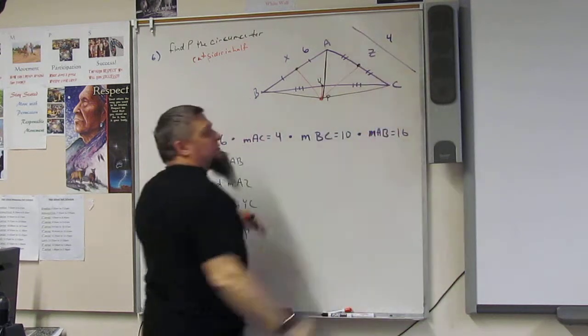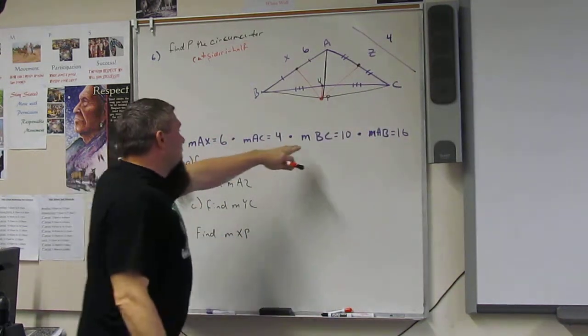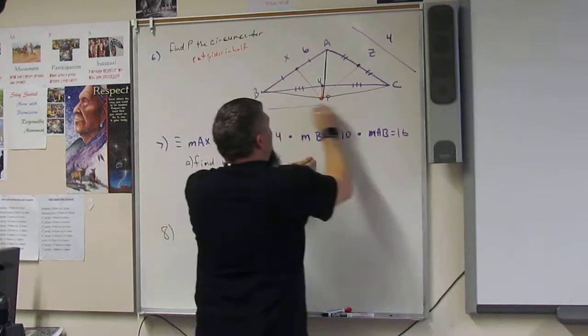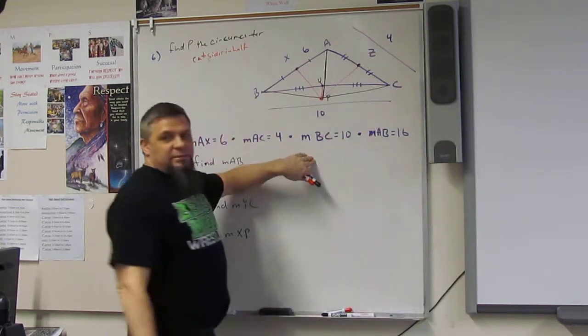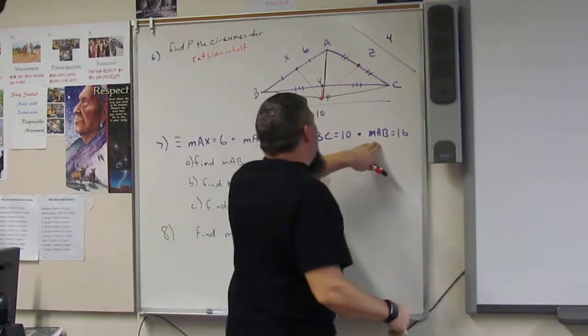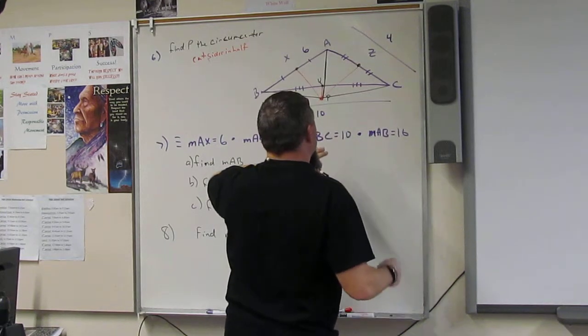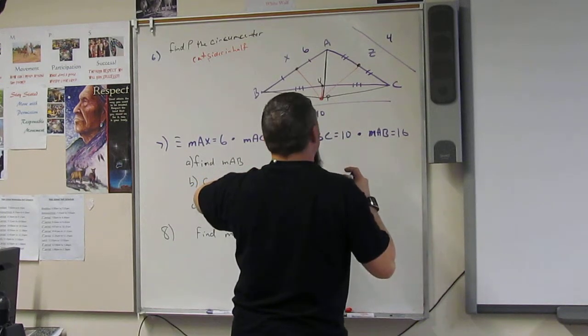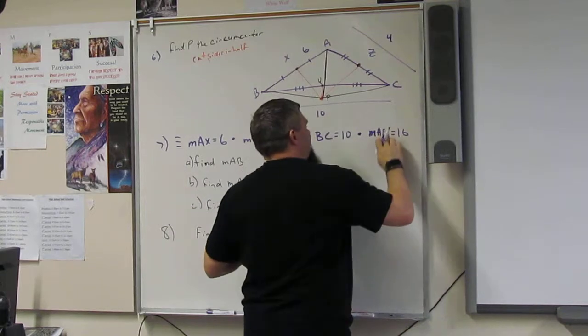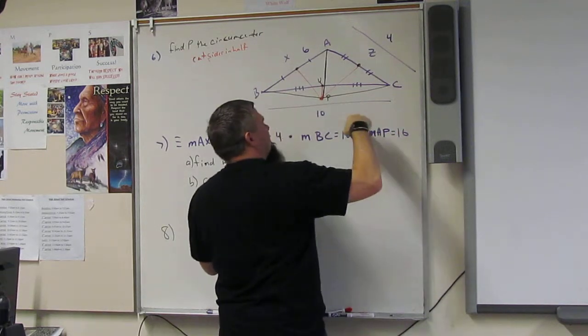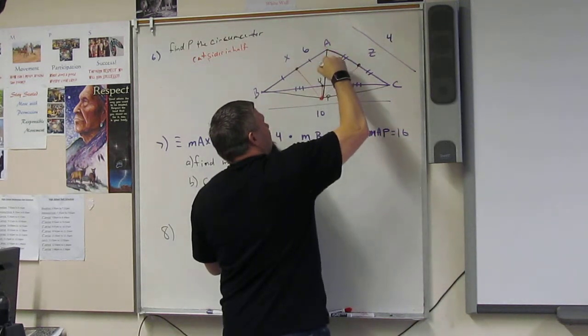That's that whole piece, AC is 4, right? BC is 10, that's that whole piece. And AB is 16. AP, that's supposed to be AP, is 16. So this piece is 16.